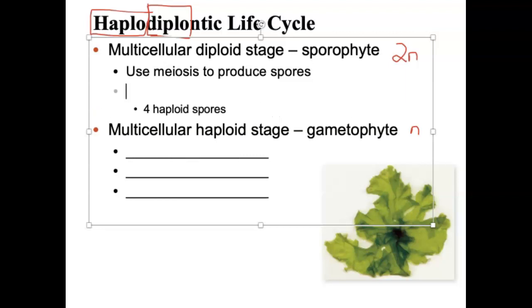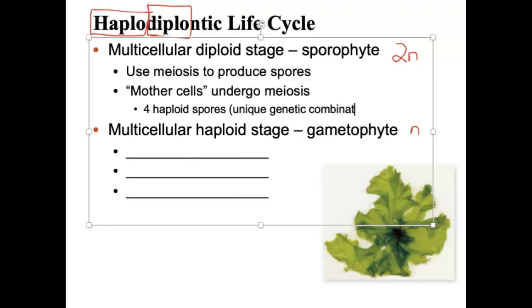So the cells undergoing it will be the mother cells that undergo meiosis. Again, the animal parallel, ovary or testes undergo meiosis to produce 4 haploid cells or haploid spores, and these will have unique genetic combinations.